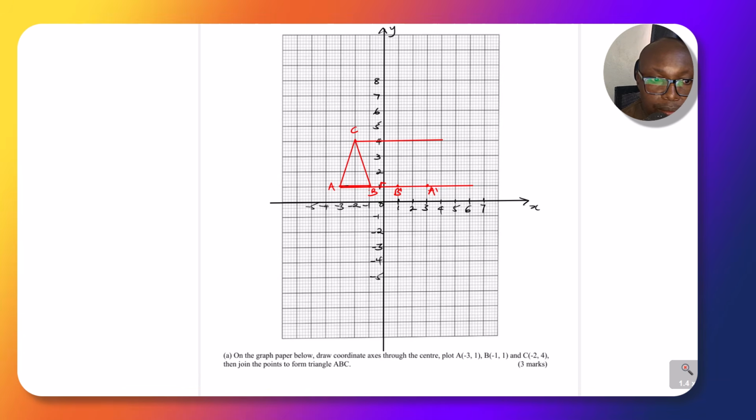For C, count the number of squares from C to the mirror line. Those are 2. So from here, you have 1, 2. It will be here. So C prime will be there. So now you have the image points A prime, B prime, C prime. So simply join them using a ruler.